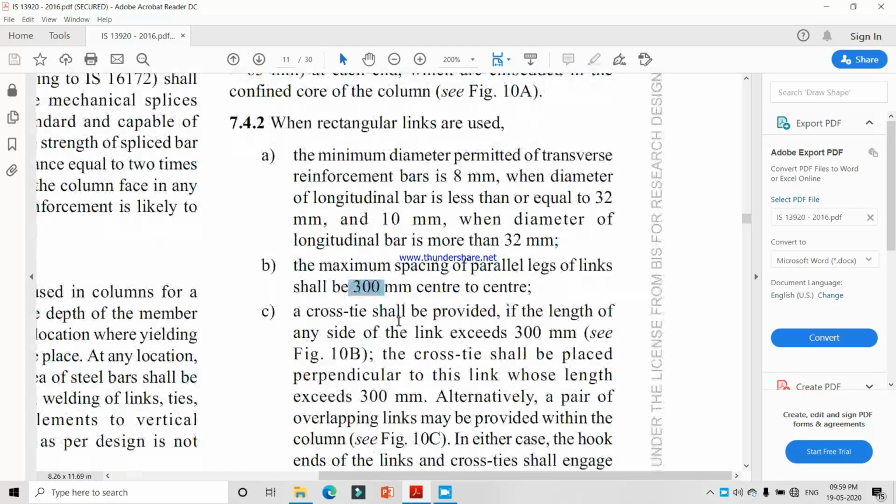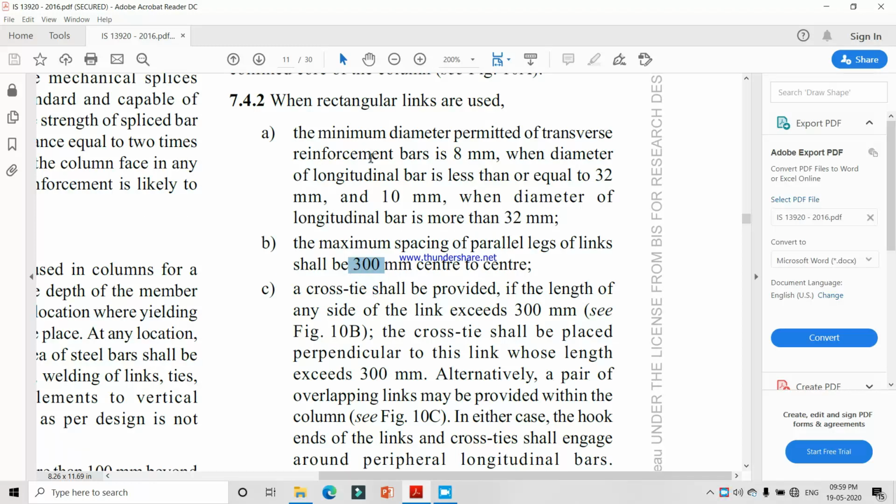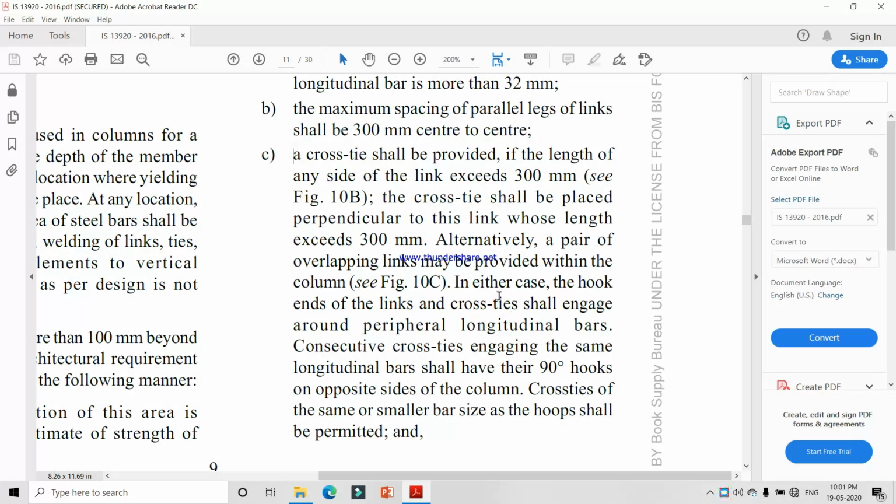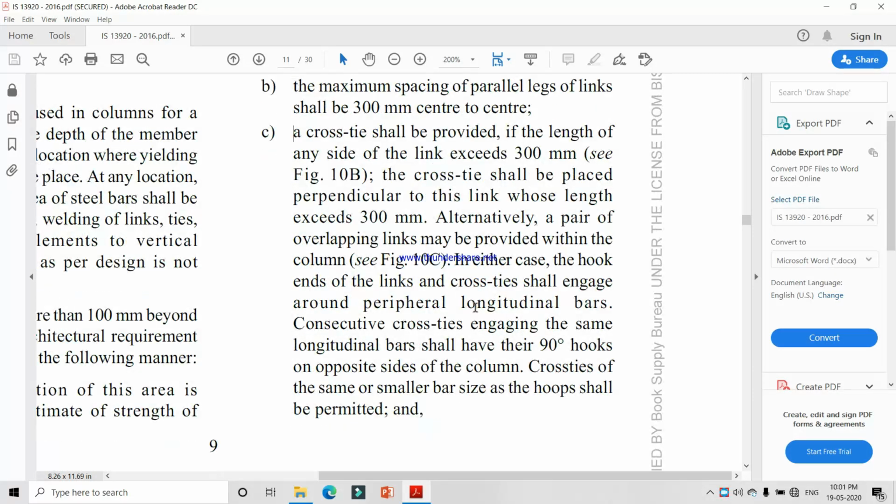We should not provide link spacing greater than 300 mm. We can also provide a cross tie if the length of any side of the link exceeds 300 mm. We only provide a cross tie if one dimension is exceeding 300 mm. These are the 3 criteria.